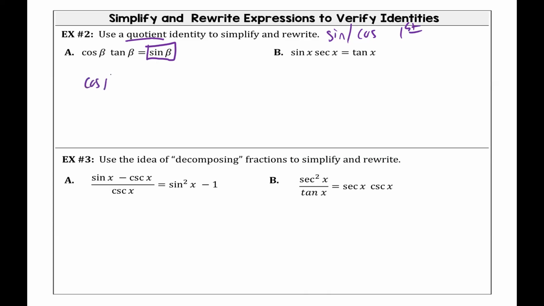So I'm going to have cosine beta, but now instead of tangent beta, we're going to write times sine beta over cosine beta. When I multiply, I have the same trig in the numerator as in the denominator. What happens? They cancel. And did I come down to sine beta? Did I prove it? Yes, we did it.